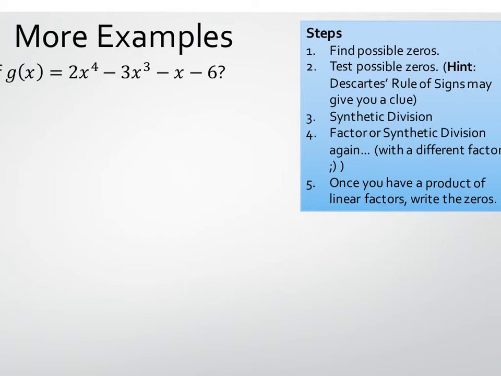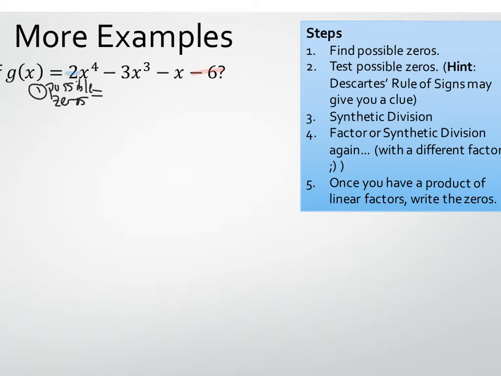Okay, so we're going to find all the possible zeros again. We're going to follow the same exact steps we did earlier. So the first step, we have our possible zeros. Six is our constant, and 2 is our leading coefficient.